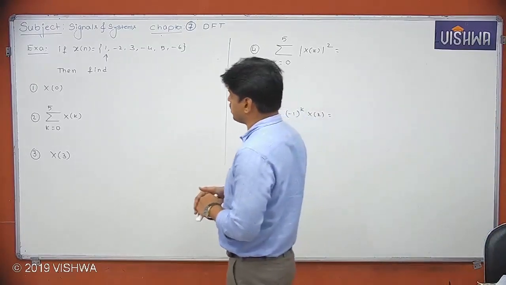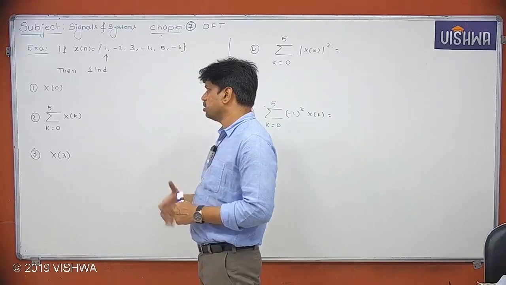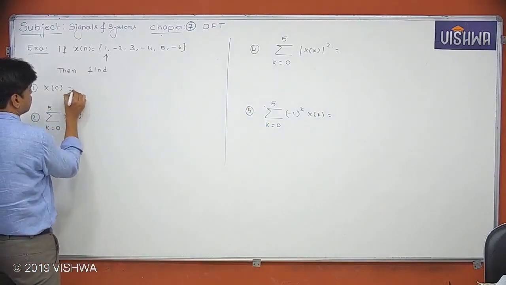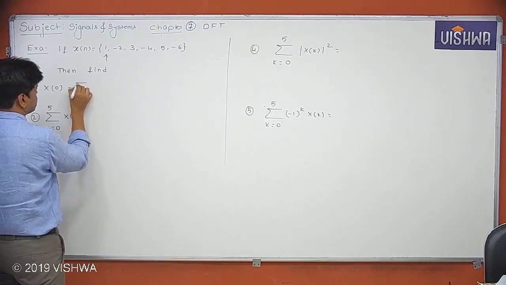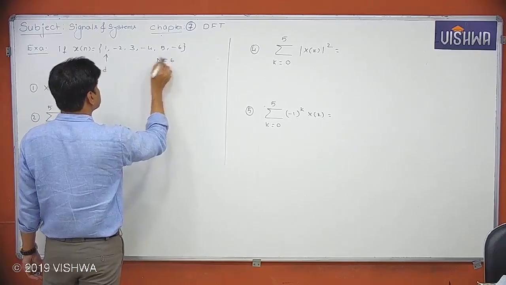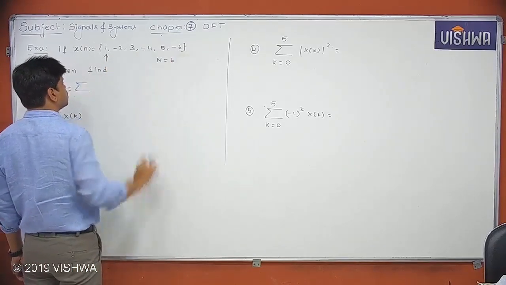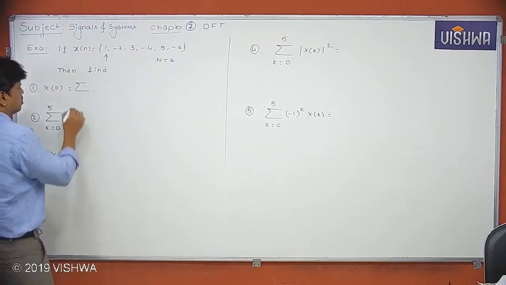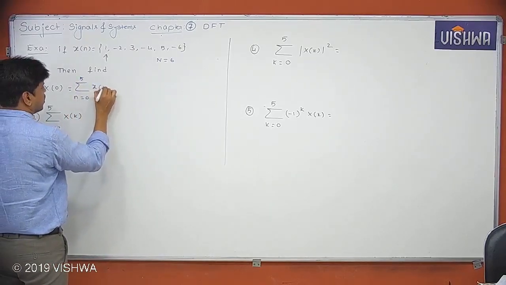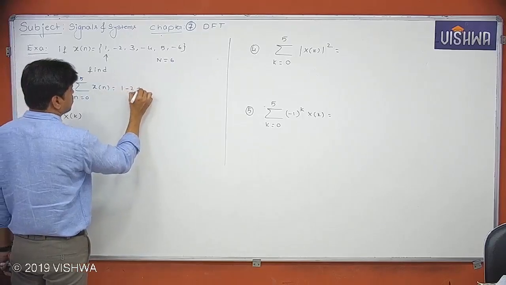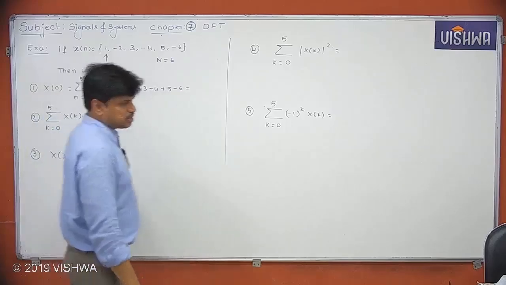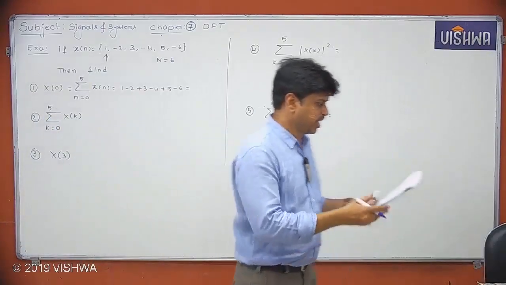So a signal x of n is given and we have X of k. What are we going to get first? Because N is equal to 6, with samples 1 2 3 4 5 6, X of 0 is the summation n equal to 0 to 5 of x of n, which is 1 minus 2 plus 3 minus 4 plus 5 minus 6.